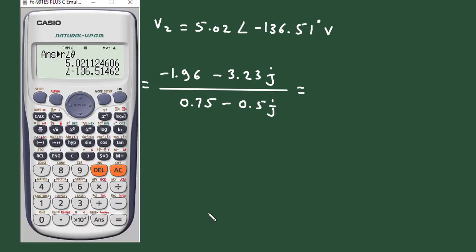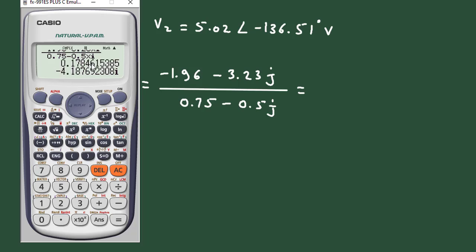If we solve this, then minus 1.96 minus 3.23 into j divided by 0.75 minus 0.5 into j.